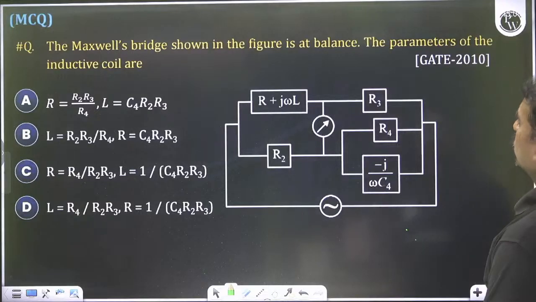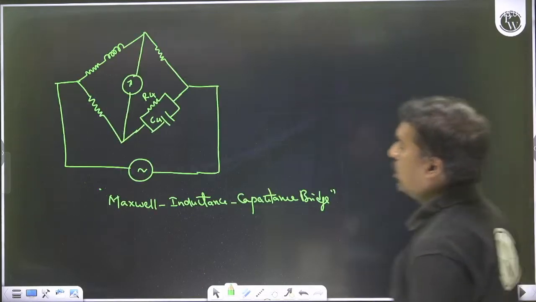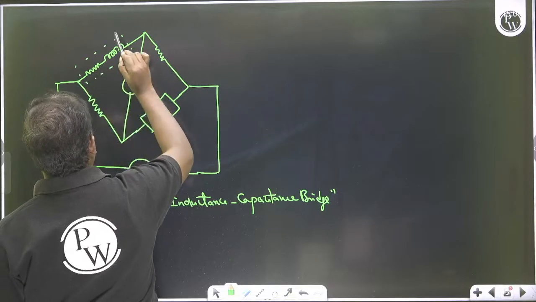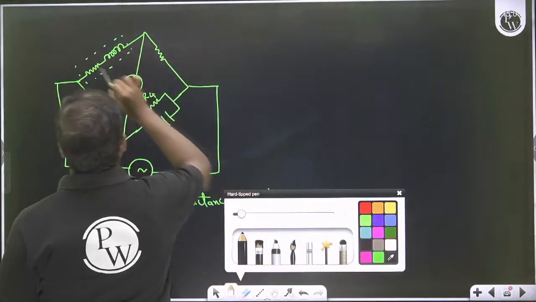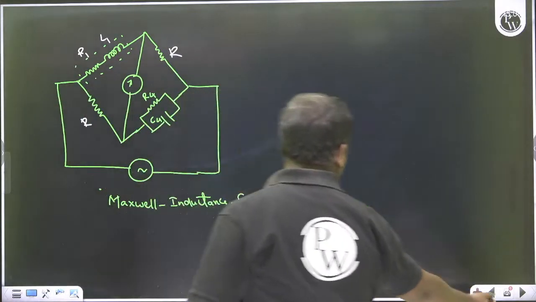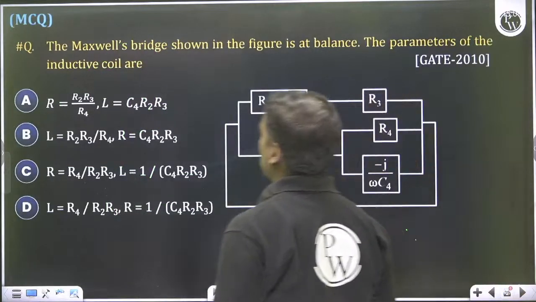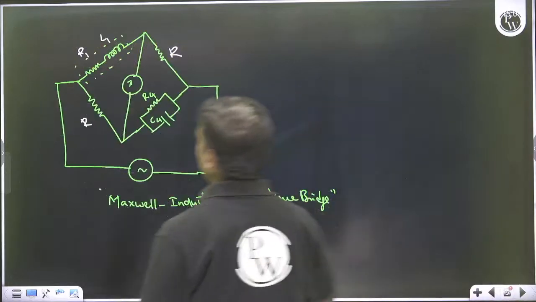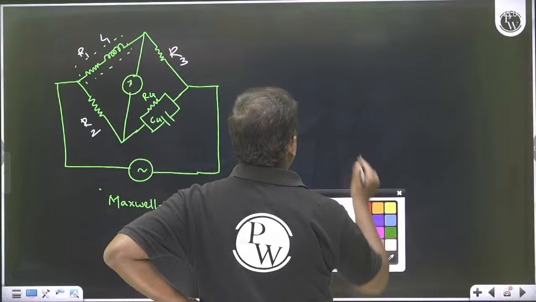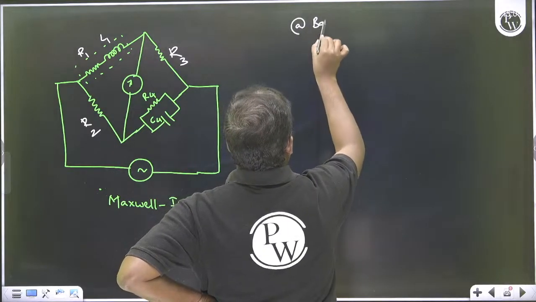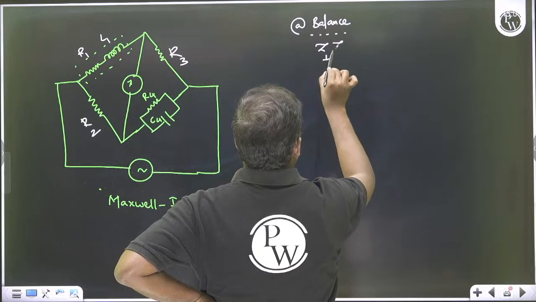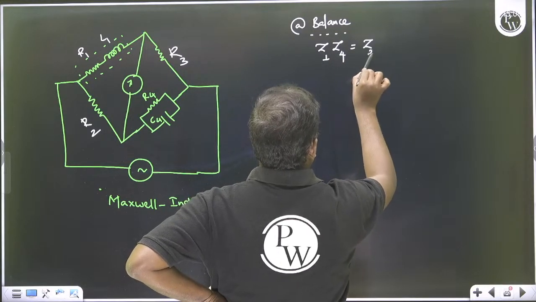The Maxwell bridge shown in the figure is at balance. What are the parameters? If you take the parameters, this is R1, this is L1, this is R2, this is R3. So at balance I can take Z1 Z4 is equal to Z2 Z3.